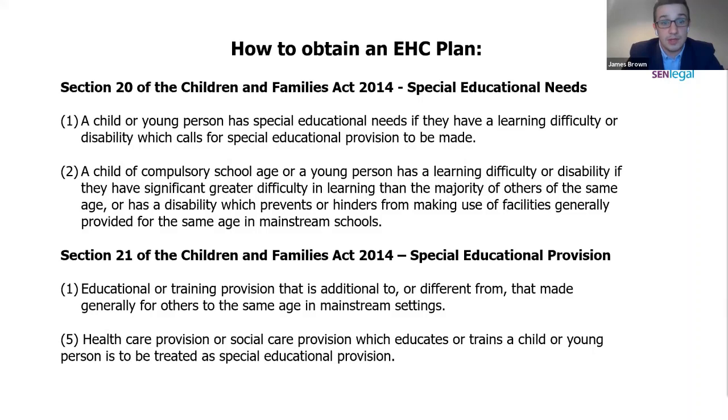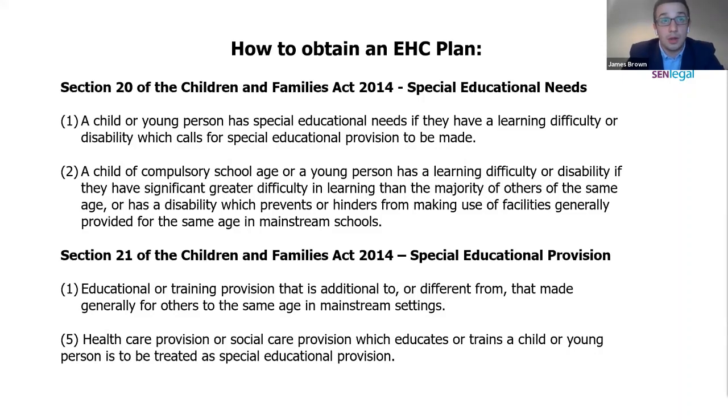Now, if there is any educational or training element to any healthcare provision or social care provision, then that will be special educational provision. A recent example I had of that was a tribunal at the start of this year, with a child with diabetes, and she had diabetes which had a massive impact on her ability to attend and engage in lessons.